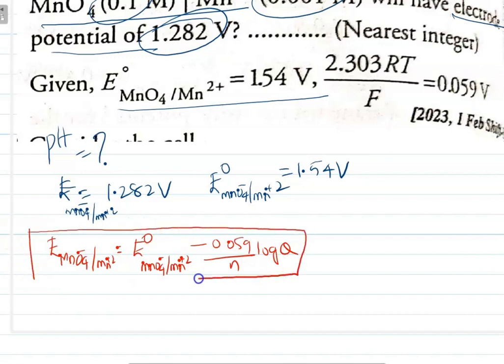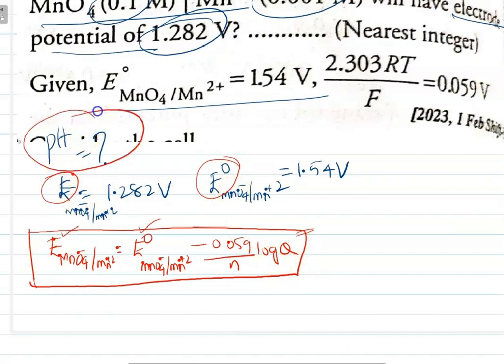We write it as E of M plus n to M is equal to E naught of M plus n to M minus 0.059 by n log Q; that is the electrode potential. When standard electrode potentials are given, the way to determine the electrode potential at any concentration is the Nernst equation. E is given, E naught is also given, and this is the only relationship between E and E naught. See, E is given, E naught is also given, and he asked us for pH.